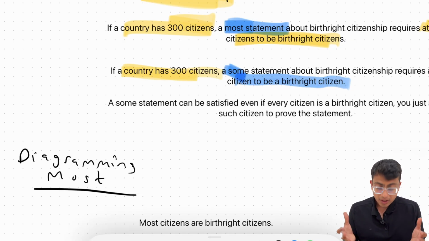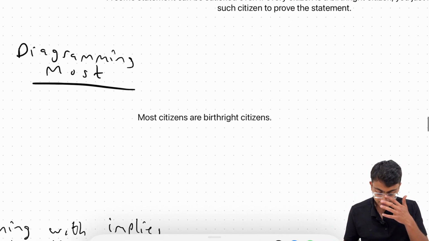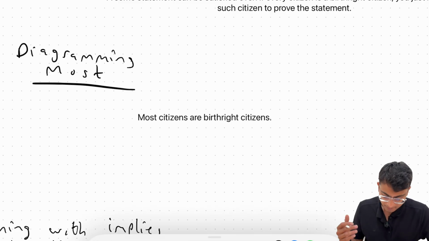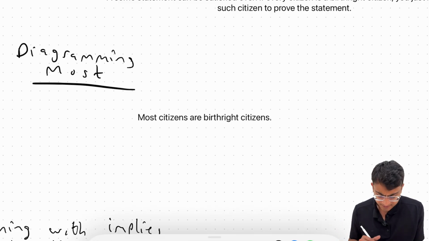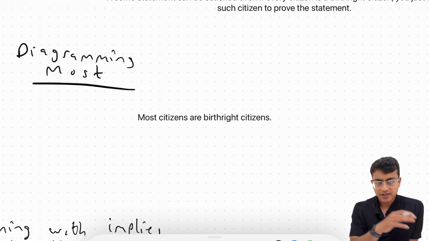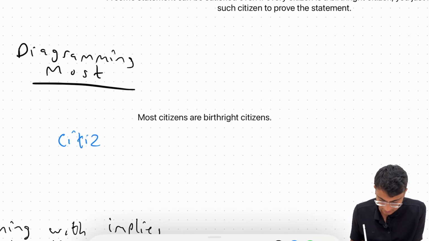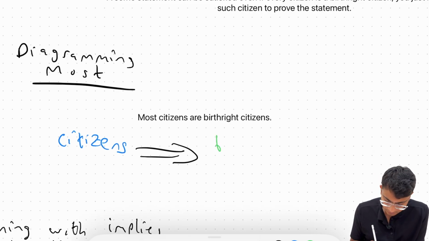And now let's talk about how we can diagram these two things. So let's go back to most citizens are birthright citizens. The way we'll diagram it is similar to conditional reasoning, where we have a left side and a right side. So in this case, we have citizens on the left, an arrow, birthright citizens.